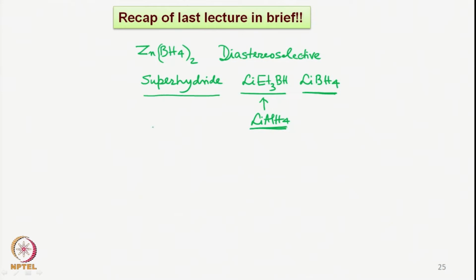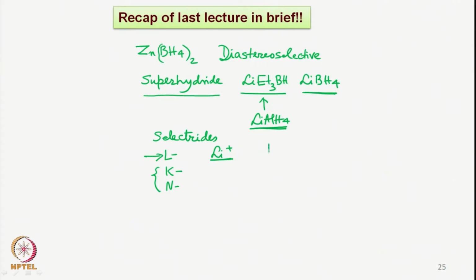And then towards the end we looked at the selectrides, and in the case of selectrides we saw 3 different types: L selectride, K selectride and N selectride. Of course the K and N are not so popular as L selectride is, because lithium is a stronger chelating ion than potassium and sodium.